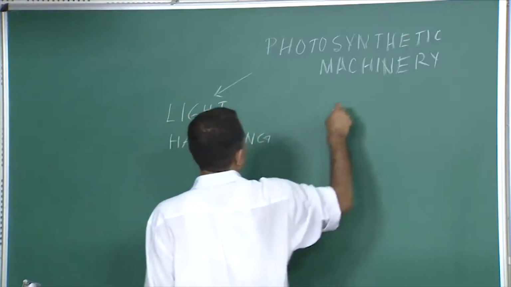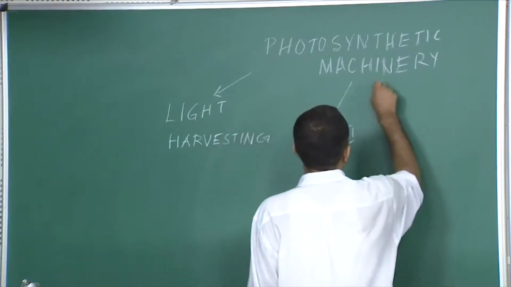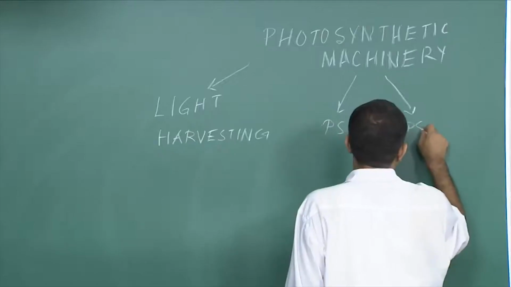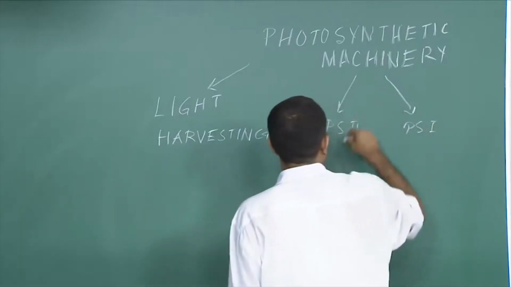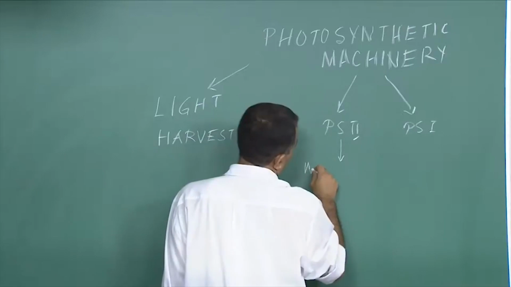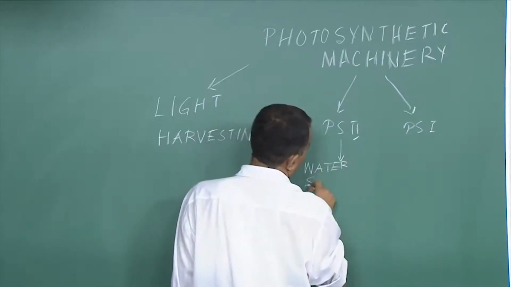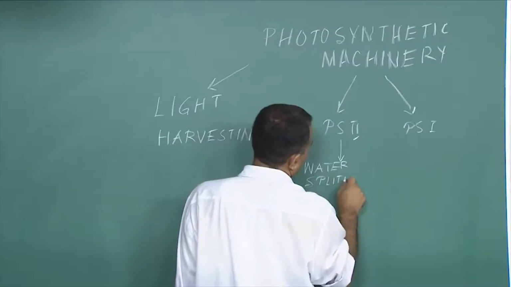And then you have photosystem 2 followed by photosystem 1, and underneath photosystem 1 you have the water splitting cluster.